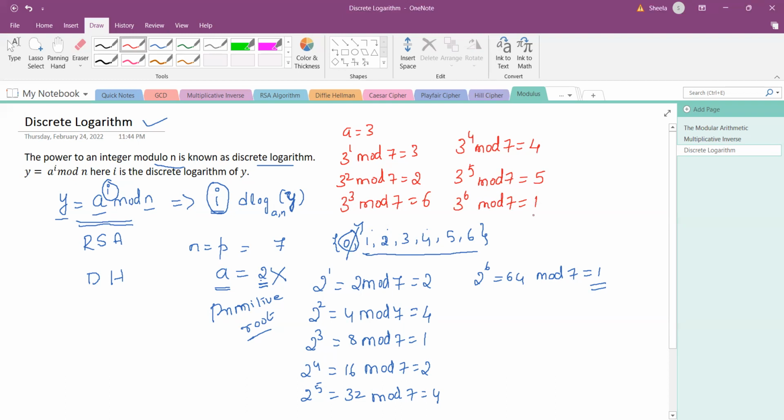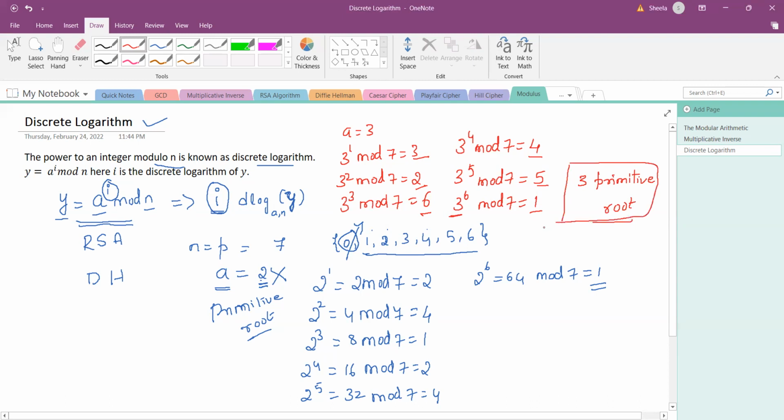Now we can observe that all the elements, 1, 2, 3, 4, 5 and 6, in the group were generated by the value 3. This indicates that 3 is the primitive root. Using 3, I am able to generate all the elements.